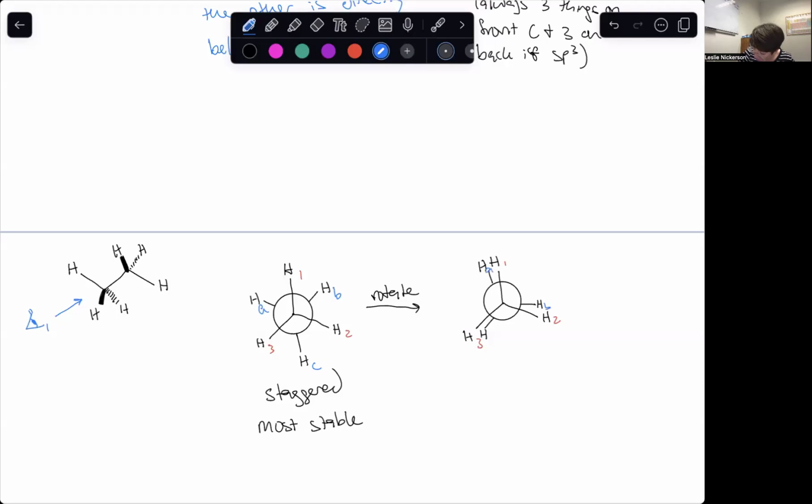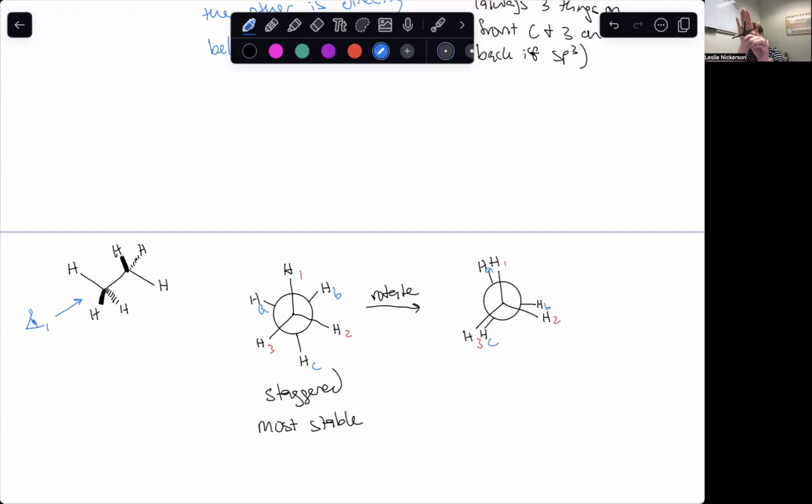A, B, C. Okay, so I just have scooted it all around, and that's just your physical rotation around that central atom, where you're just lining all those up into that eclipsed conformation.